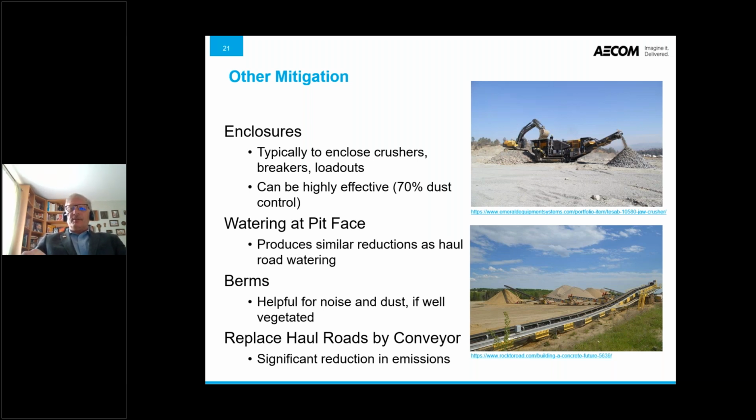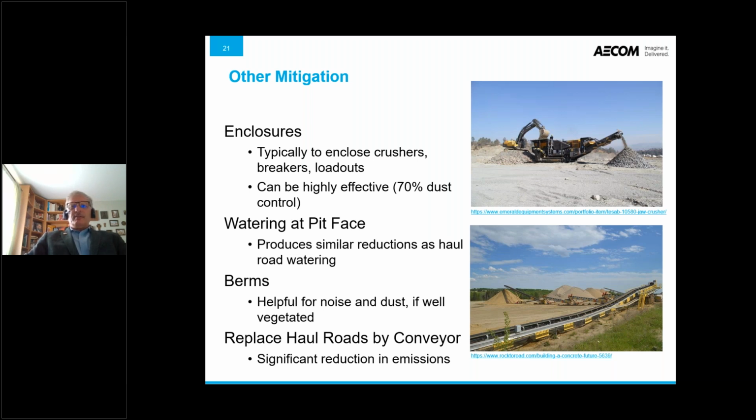It helps a lot for dust abatement, as Randy mentioned in previous slides. We can also replace haul roads with a conveyor. A conveyor has almost negligible emissions, even if it's open and uncovered, whereas haul roads are the biggest emission sources and the biggest cause of complaints from the public.